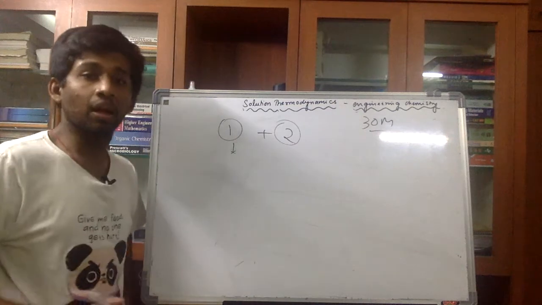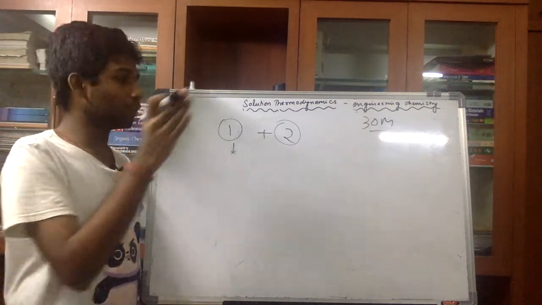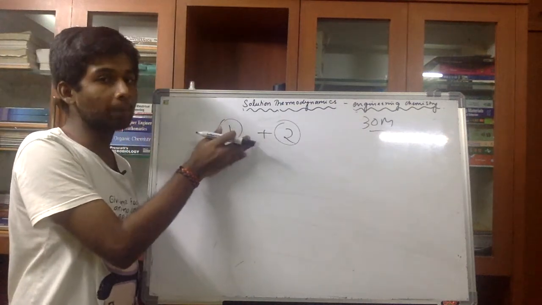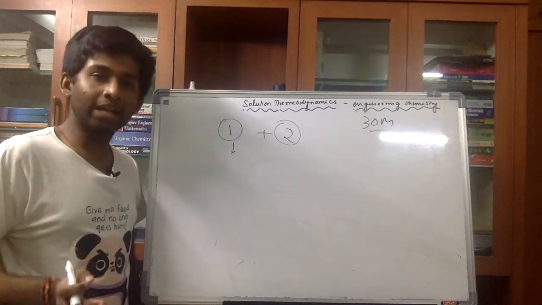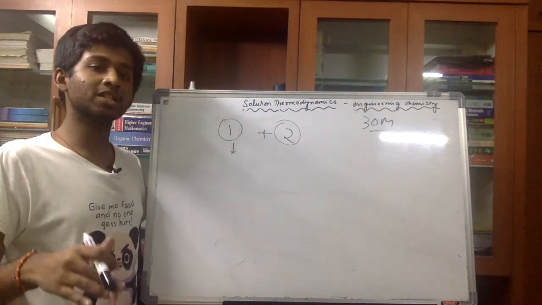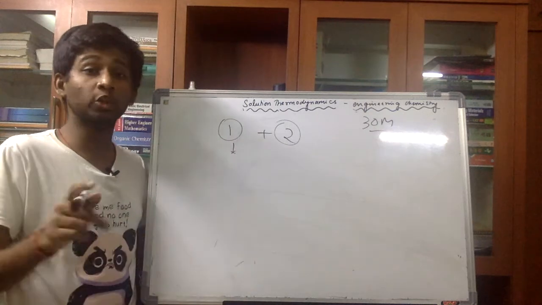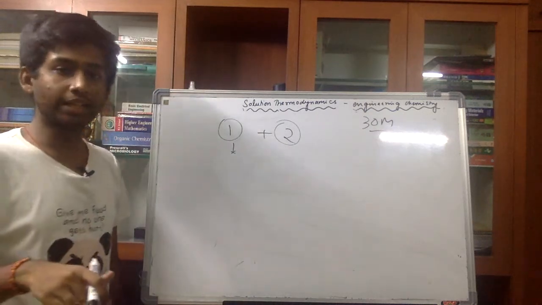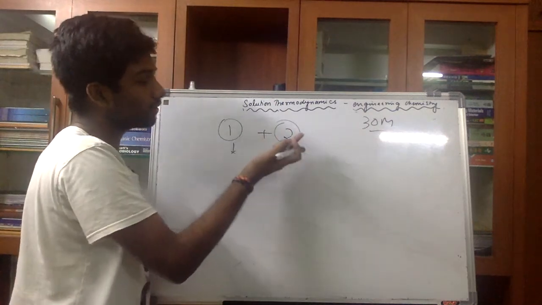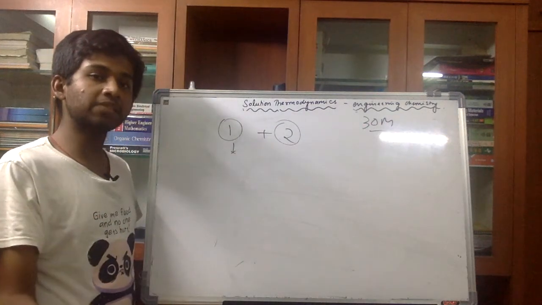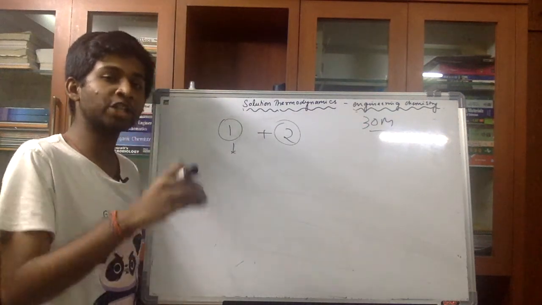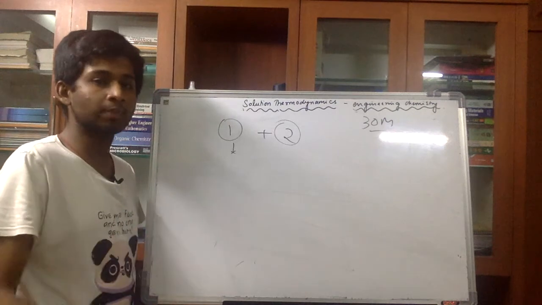Our main aim is to find the partial molar volume of component 1. For that you consider the number of moles of component 1 to be unity, and then the second component is added gradually. Very little amount of substance will be added.